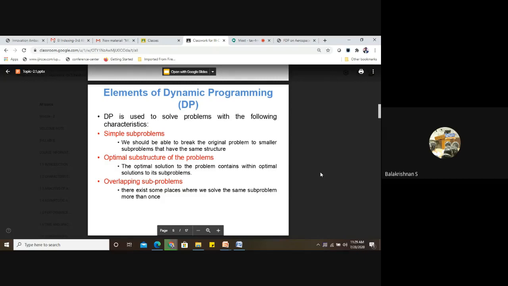Here the optimal solution to the problem contains within it the optimal solutions to its subproblems. Third one is overlapping subproblems. There exist some places where we solve the same subproblem more than once. So these are the three important things: simple subproblems, optimal substructure, and overlapping subproblems.